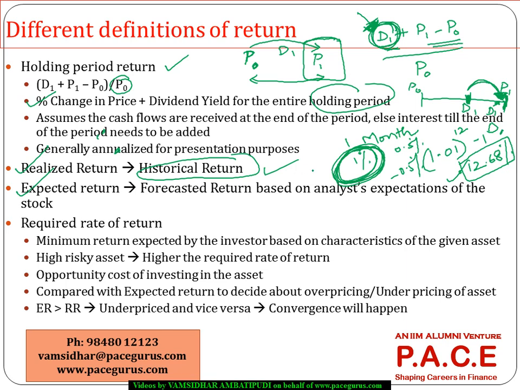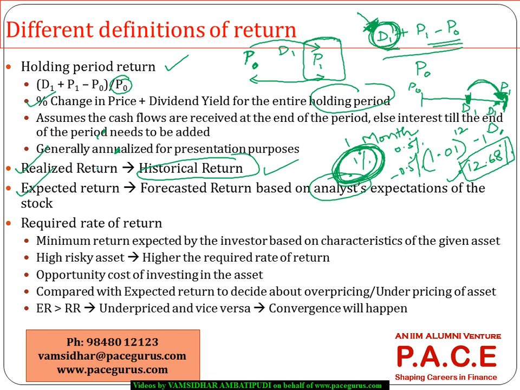So it is purely based on the analyst's expectations. It is not past data. Probably based on the past data and various other factors, and on the understanding of the company's performance, if an analyst is able to predict the future price as well as the return, that is what we call expected return.